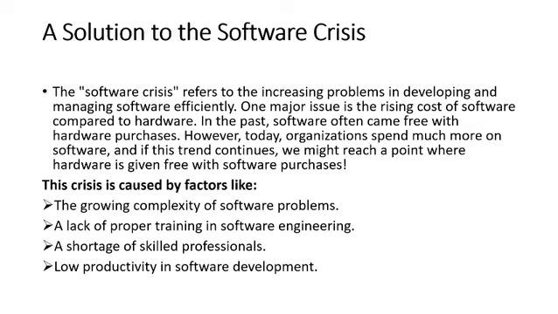If this trend continues, we might reach a point where hardware is given free with software purchases. As we see here, in previous days, if we purchased hardware, they would give software freely. But in present days, if you purchase hardware, the software isn't given because software is much more expensive compared to hardware.